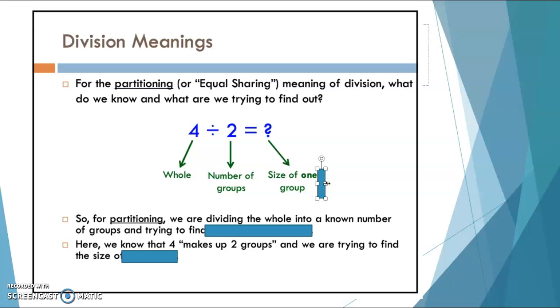So partitioning, we're dividing the whole into a known number of groups, trying to find the size of one group.